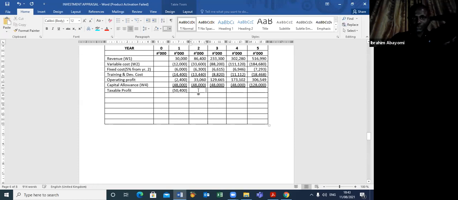So year 2 is 33,060 minus 48,000. Another negative 14,940.